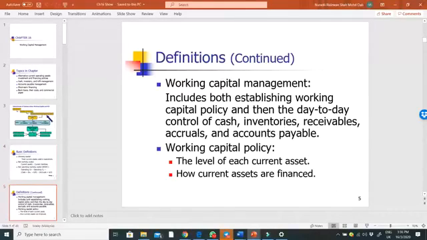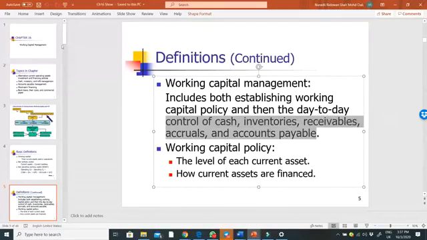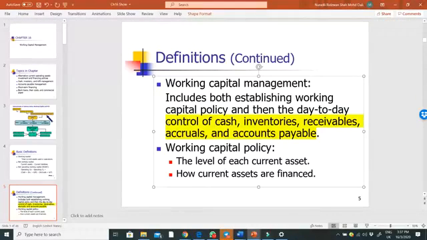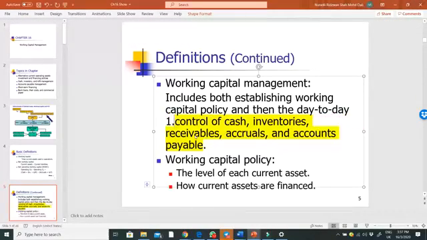Working capital management includes both establishing working capital policy, then the day-to-day control of cash, inventories, receivables, accruals, and account payable. So five things here. Number 1, control of cash.